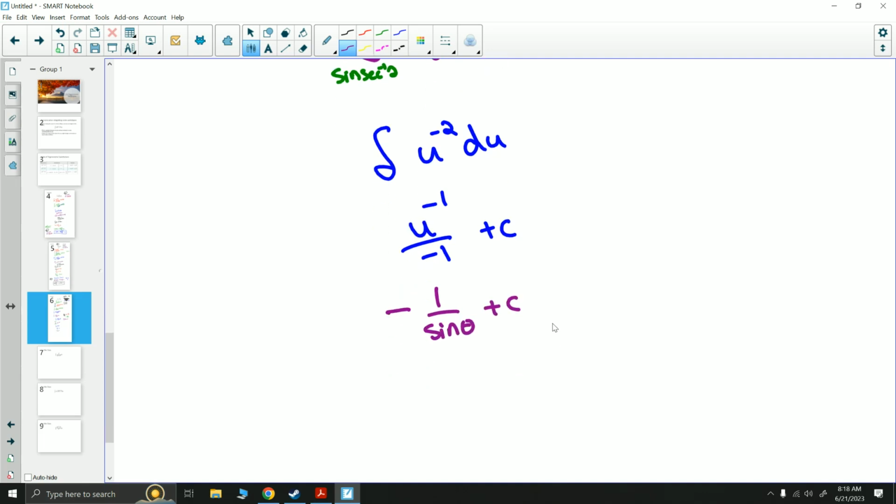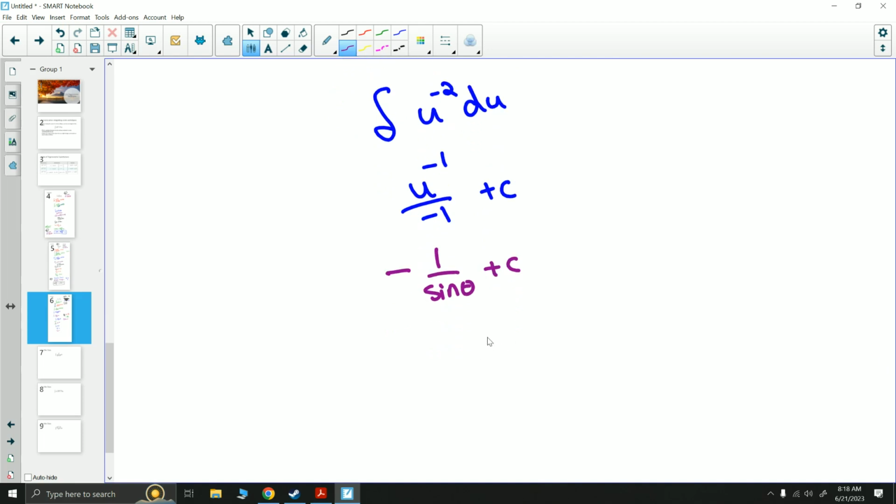Now, if you think about that, what's 1 over sine? Well, we could call that cosecant if we want. That's okay, it doesn't really matter. I would actually leave it as sine. I find it less confusing for me, and then deal with the fractions. But you could call it cosecant if you'd like.